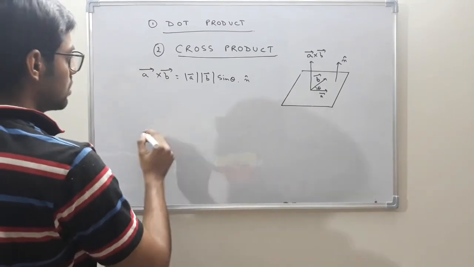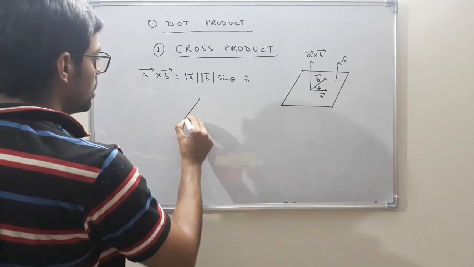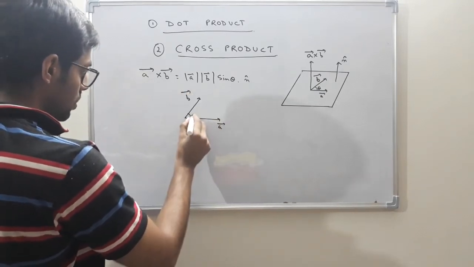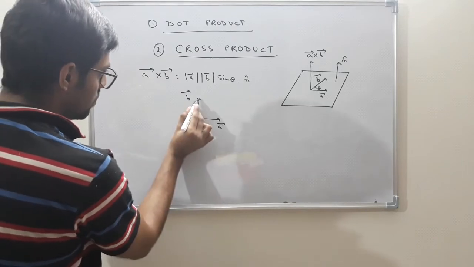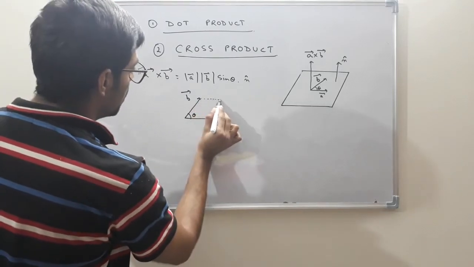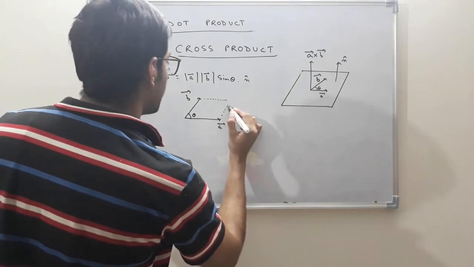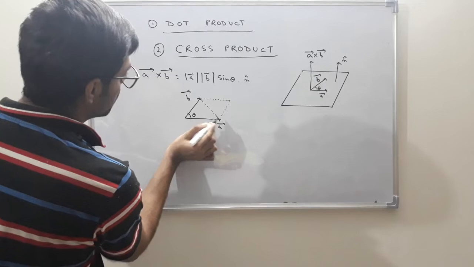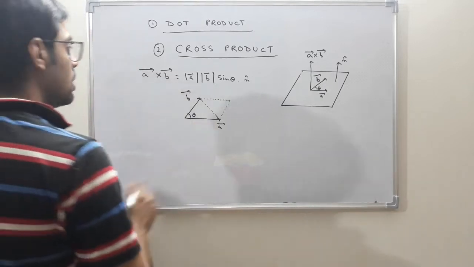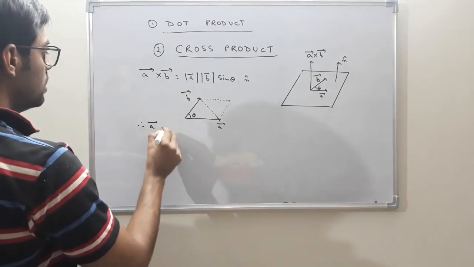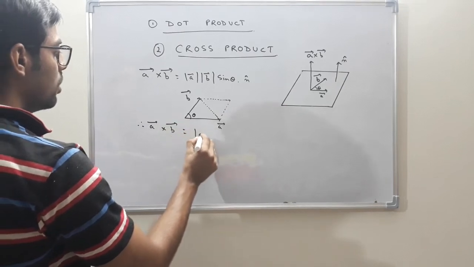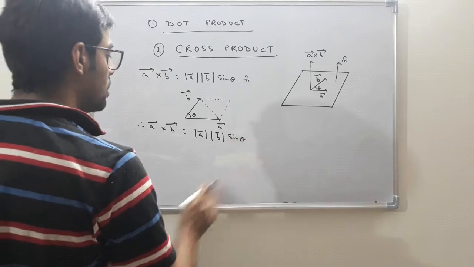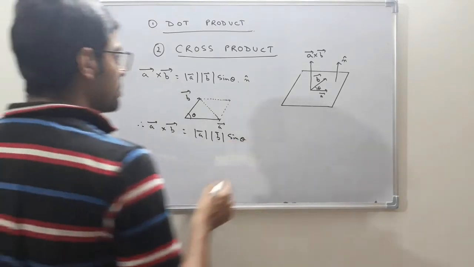Suppose there are two vectors, A vector and B vector, and the angle between them is theta. So you can construct a parallelogram. Therefore, A cross B is given by mod A mod B sin theta into n hat.